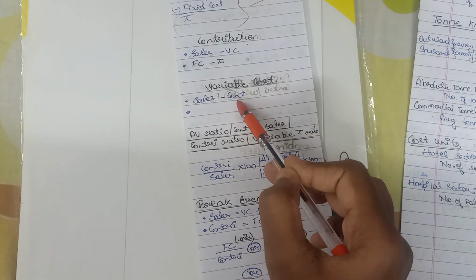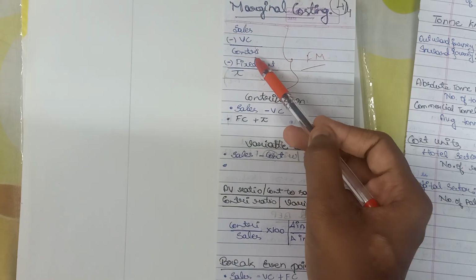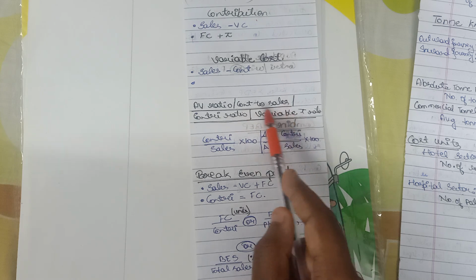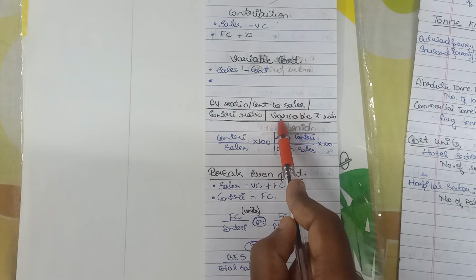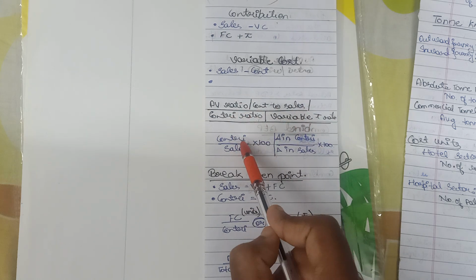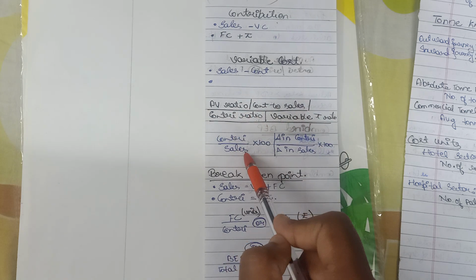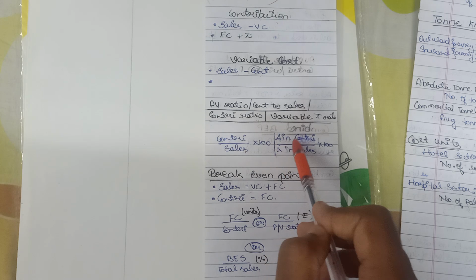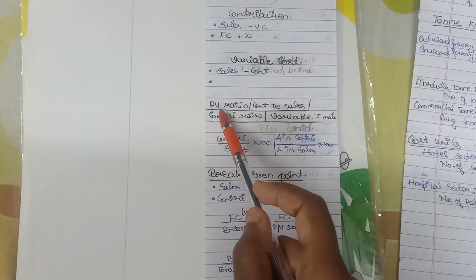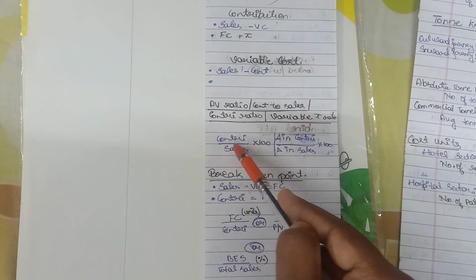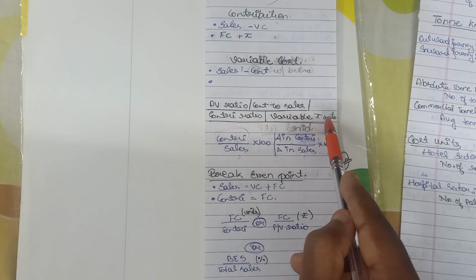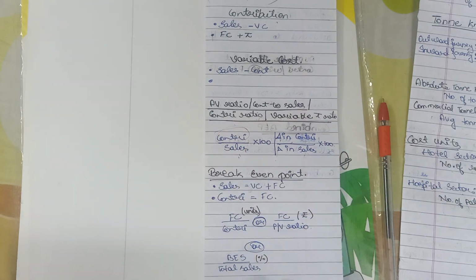Variable cost is sales minus contribution. PV ratio, or contribution to sales, or contribution ratio, or variable profit ratio: these are the names for PV ratio, that is contribution by sales, or change in contribution by change in sales.